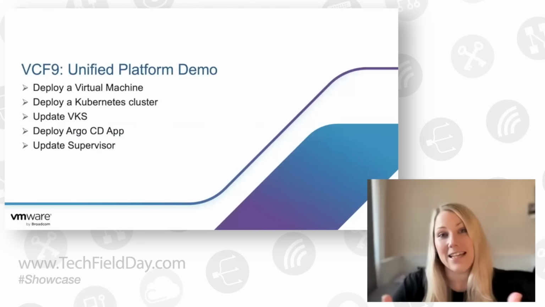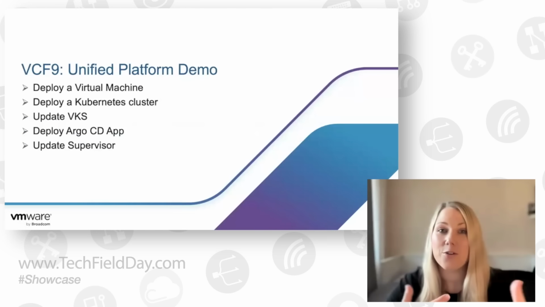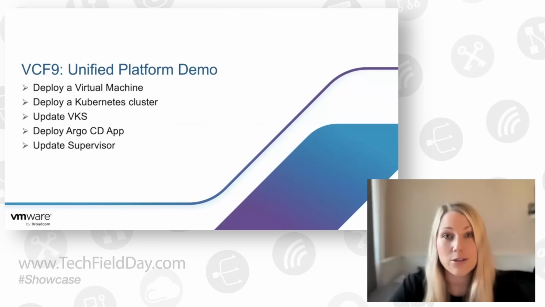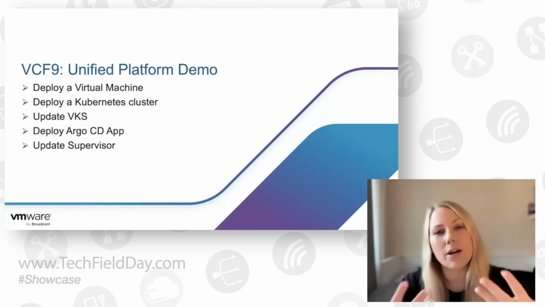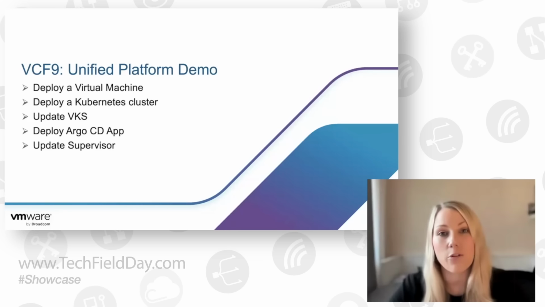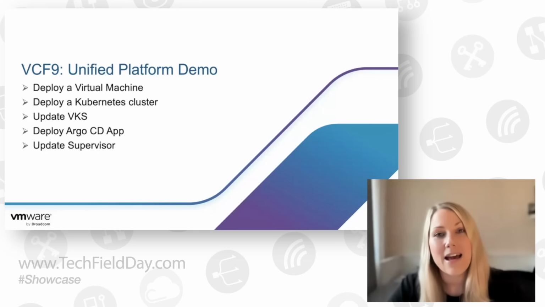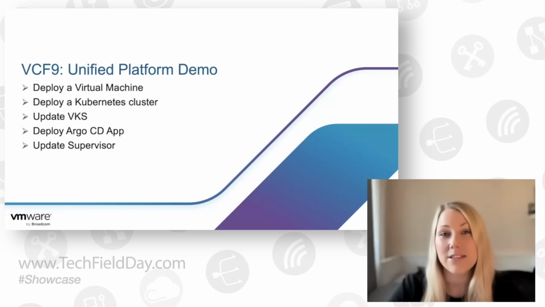And in order to see this, I will guide you through a set of demos. So at first, we will look at some basic workflows, like deploying a virtual machine or deploying a Kubernetes cluster. What I really want to highlight here are mainly the new things that we have introduced in VCF 9. Then we'll look at how we can update some of these services and how the lifecycle of vSphere Kubernetes Service, for example, specifically works.